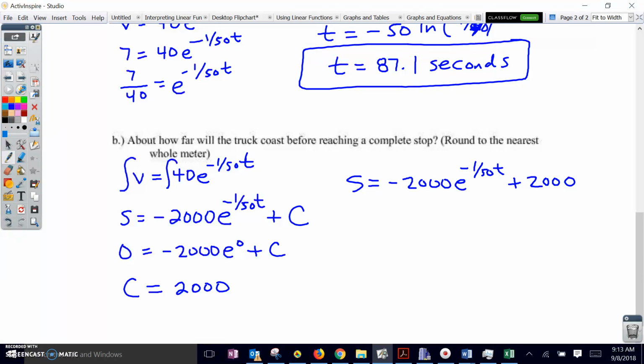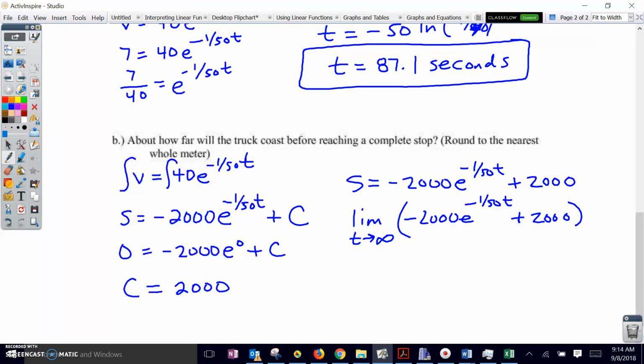And now in order to figure out how far it's going to coast before reaching a complete stop, I'm going to take the limit as t approaches infinity of this function, and that's going to tell me how far it travels before it stops. So the limit as t approaches infinity of this whole thing, you think about what happens to the exponent as t grows infinitely large.